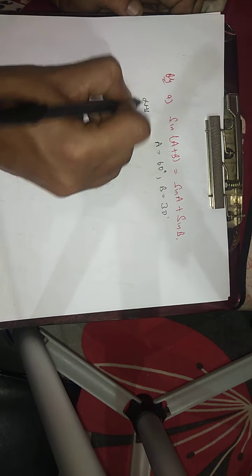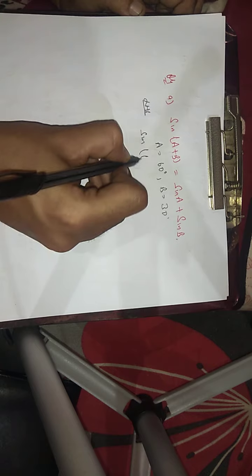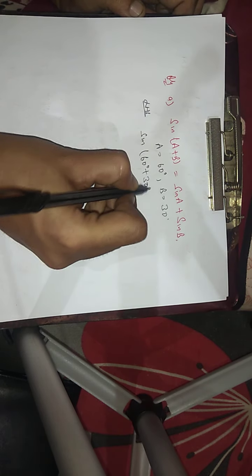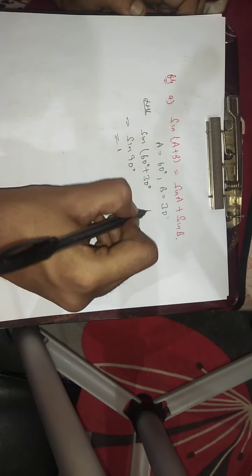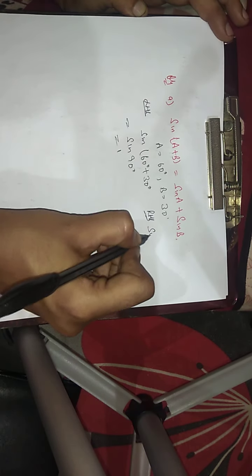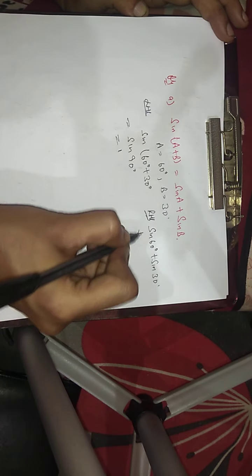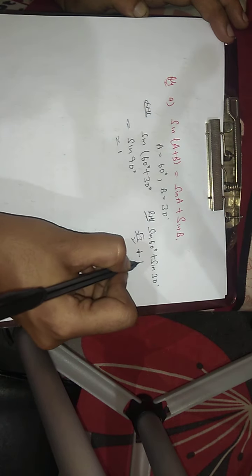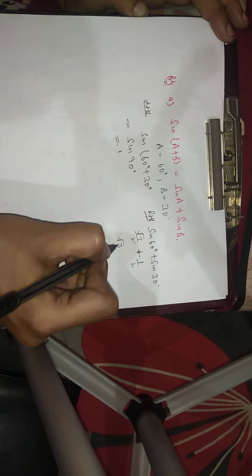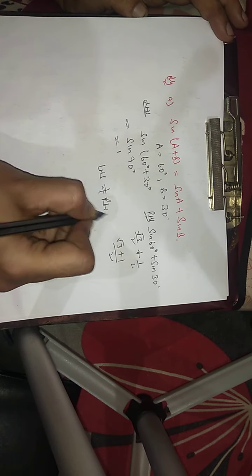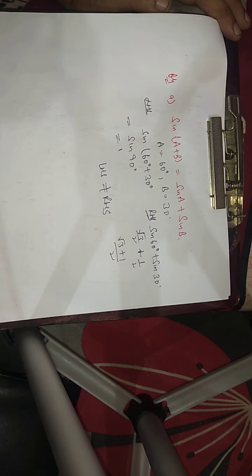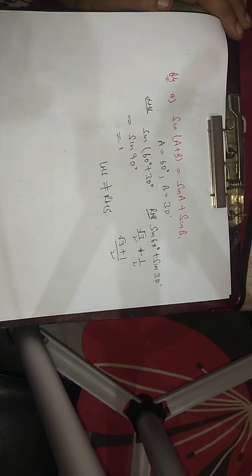So LHS, sin (a plus b), that's sin (60 plus 30), it's sin 90, which is 1, and RHS, sin a plus sin b, that is sin 60 plus sin 30. Sin 60 is root 3 by 2, sin 30 is 1 by 2, so it's (root 3 plus 1) upon 2. So LHS is not equal to RHS. It means the given equation is not holding true for A 60 and B 30, so it is not a correct identity, so it is false.